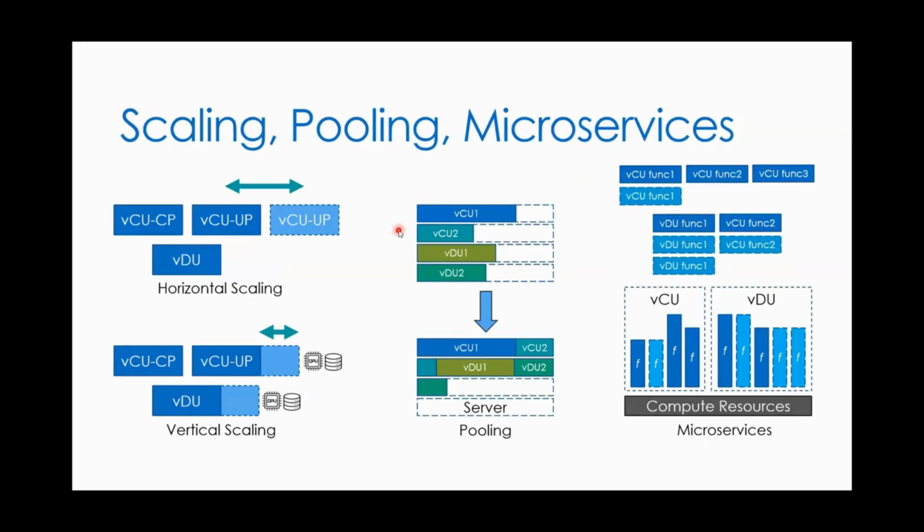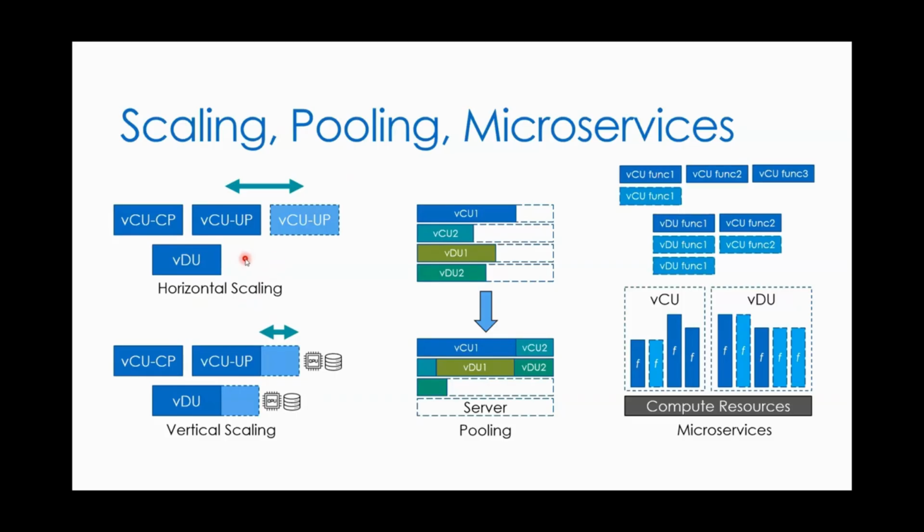So one of the main advantages of the cloud model, and why it was looked at from a RAN perspective, coming from the cloud IT enterprise world, is these different concepts of scaling, pooling, and microservices. Scaling is referring to taking your individual components or functions and scaling them in different ways. The concept of horizontal scaling is that I'm creating additional instances of a function to provide more capacity or computing power.